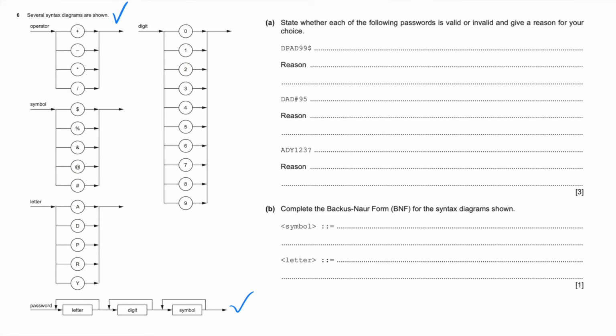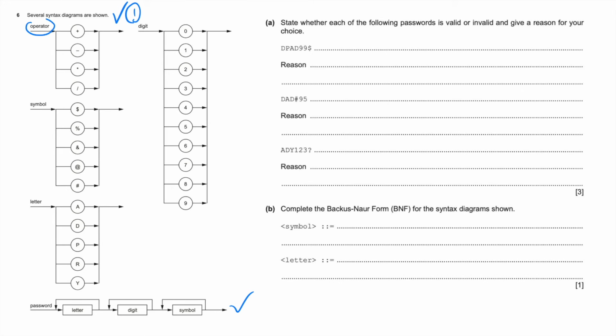Looking at this particular syntax diagram on the top, the first one, we've got basically everything that should and can be used in this particular programming language. So the syntax diagram is representing what can be used in the programming language. What would be correct syntax?